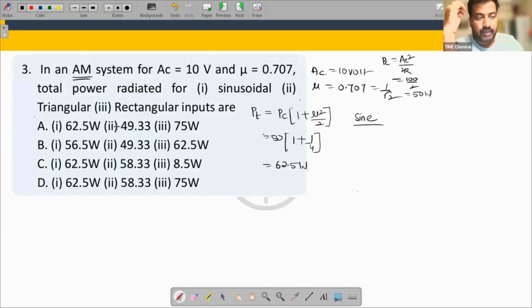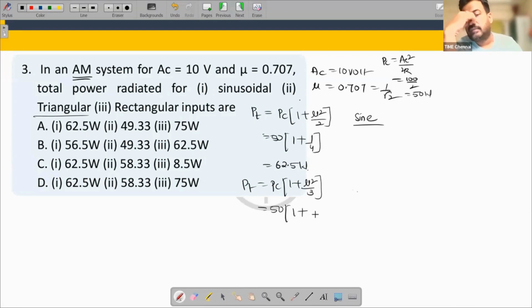Next, for triangular input, PT is PC into 1 plus mu square by 3, 50 into 1 plus 1 by 6. That's 58.33 watt.